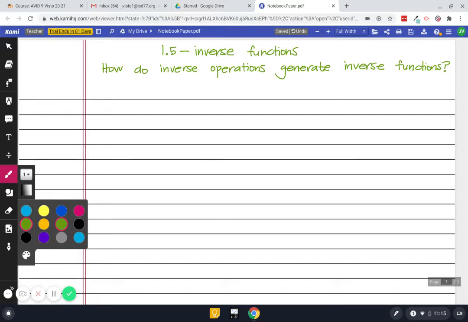So immediately I see two key vocab words. The first is inverse operations. You know inverse operations, you maybe just haven't assigned that language to them before. But inverse operations are opposite operations that undo one another.